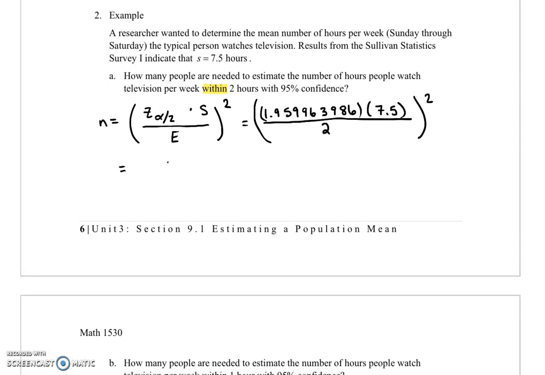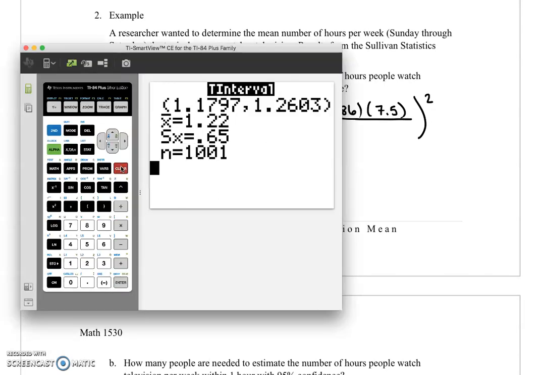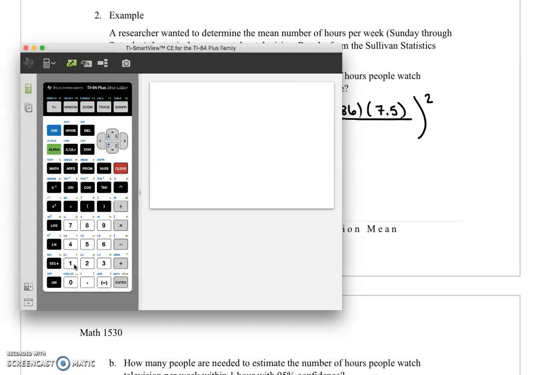So if we put that in the calculator, we would do it like this. 1.959963986. Oops, and I should have put a parentheses in front of that.